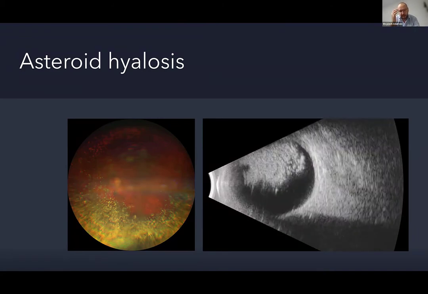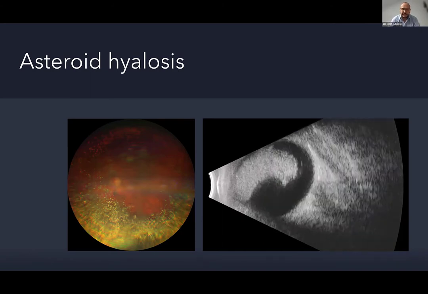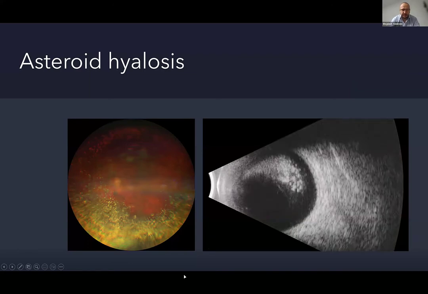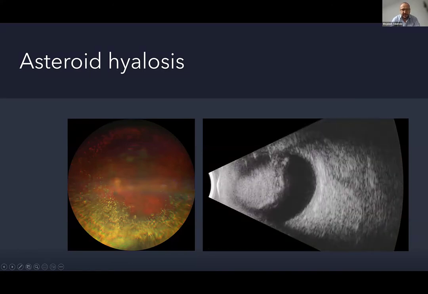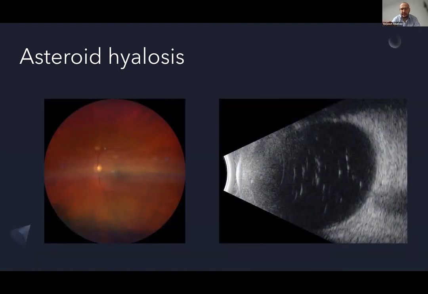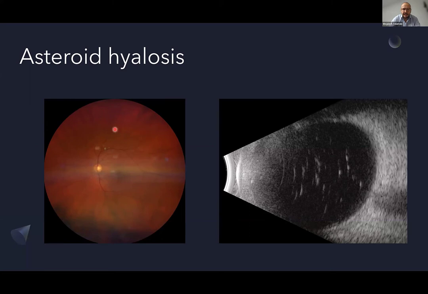This storm of highly reflective particles in the vitreous, which are obviously a large problem for our patients. And what I noticed when having patients with asteroid hyalosis is that the image that we see, again, is not really the same image that we see in ultrasound.